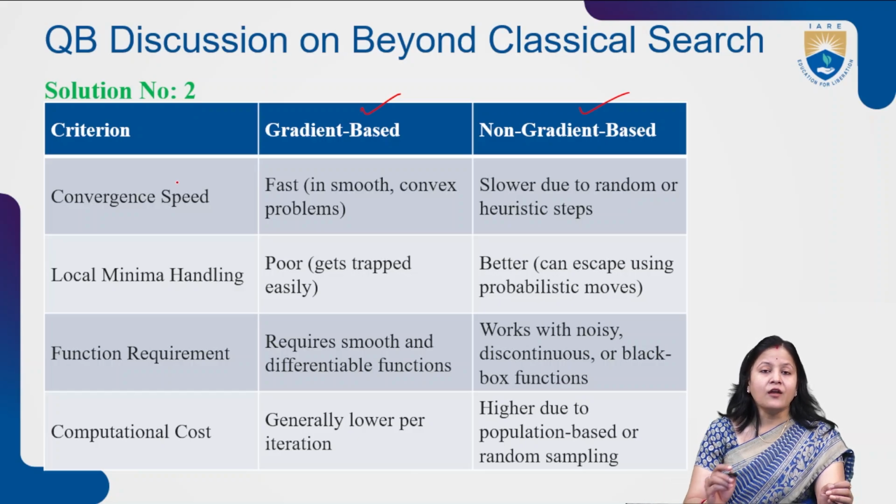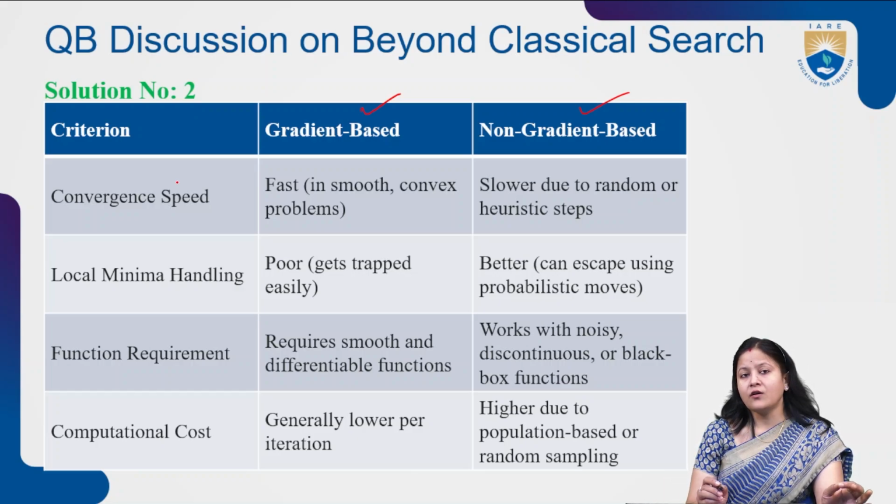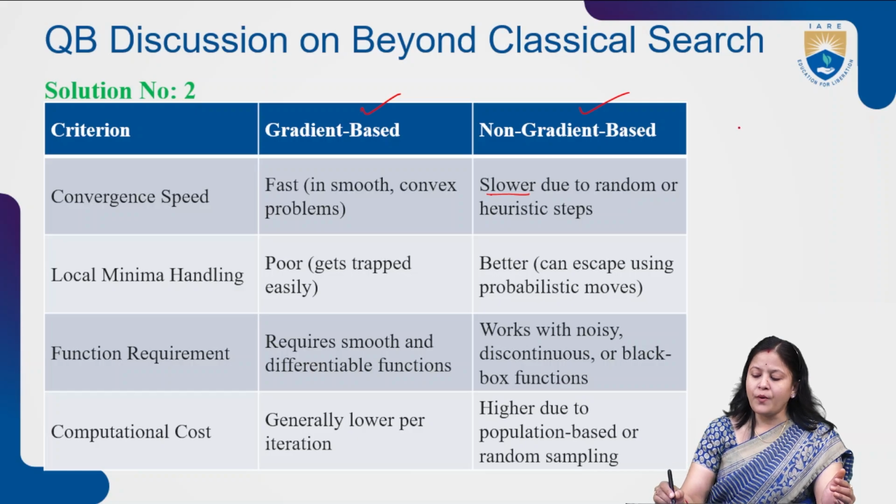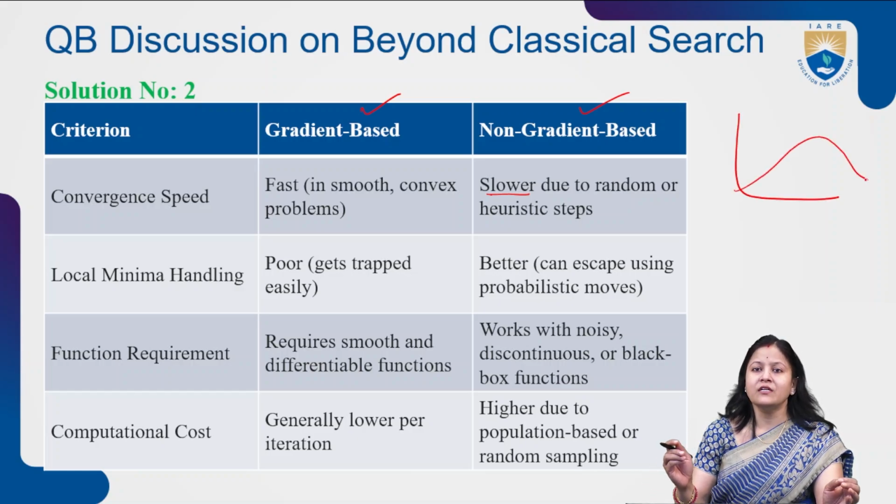If we talk about the convergence speed, then the gradient based method is very fast, but the non-gradient based method is slower due to the random and heuristic steps. As I have already discussed in my previous question, the gradient based method is applicable when the space is linear, meaning the objective function is differentiable.